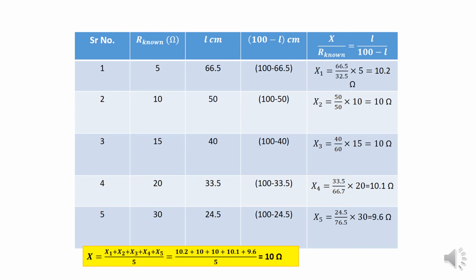Then R known is 5 ohm, so 10.2 ohm was the answer. Similarly 10 ohm here, 10.1 ohm here, 9.6 ohm. Then the final value is to take the average of all 5: 10.2 ohm, 10 ohm, 10 ohm, 10.1 ohm, 9.6 ohm, and the answer will be 10 ohm.